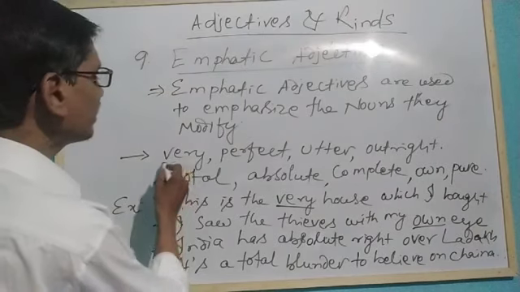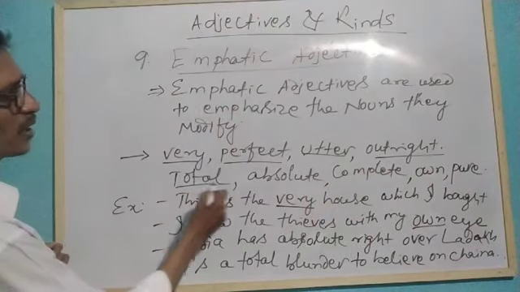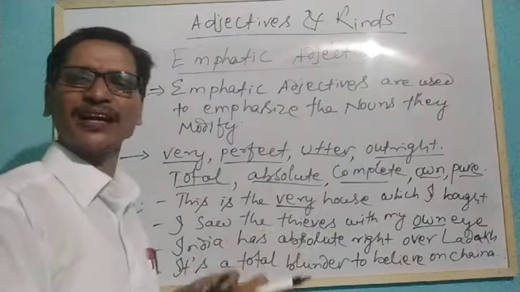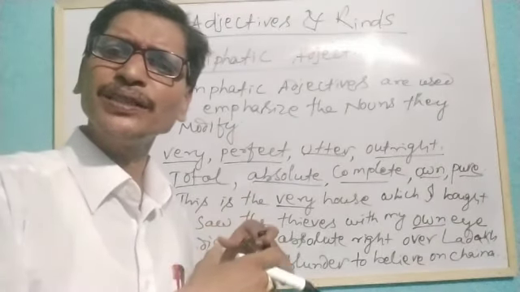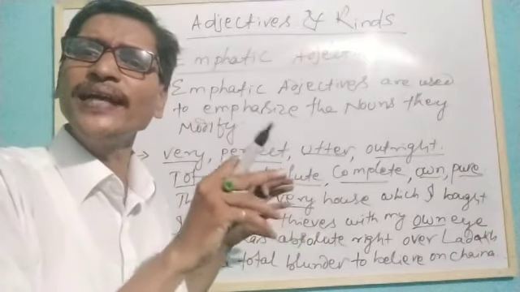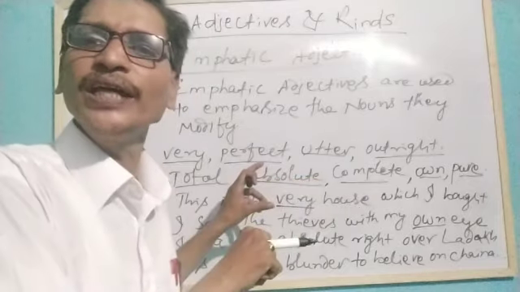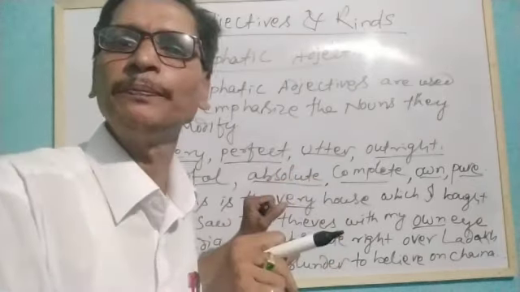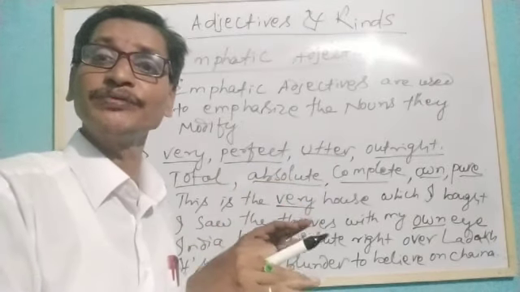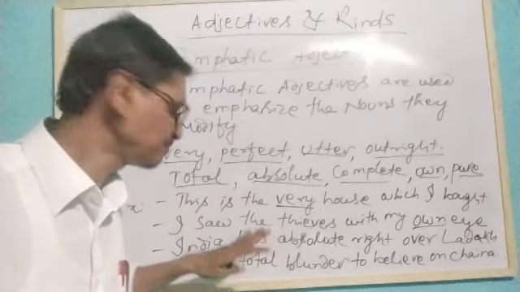We use very, perfect, utter, outright, total, absolute, complete, whole, pure, etc. Similarly, there are many such emphatic adjectives available as well. But briefly, to identify what we have been using as emphatic adjectives, we are discussing some of them. The examples using them have been written here. Please see.